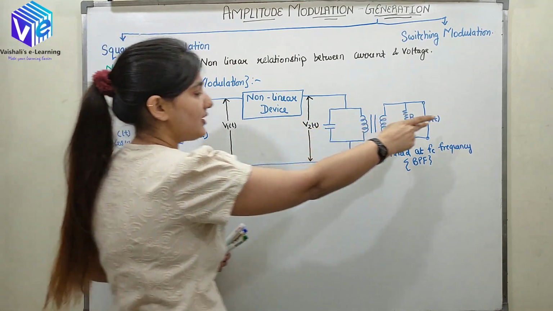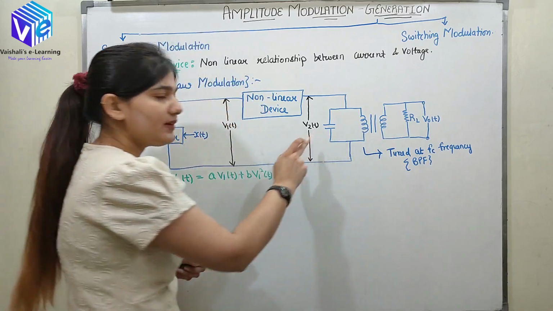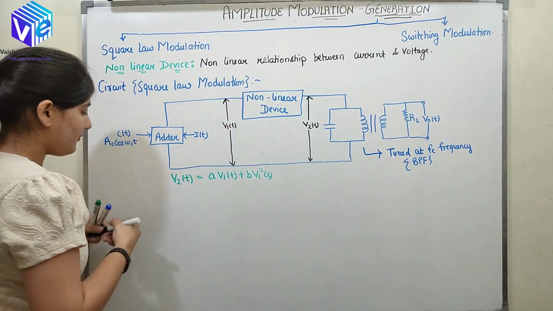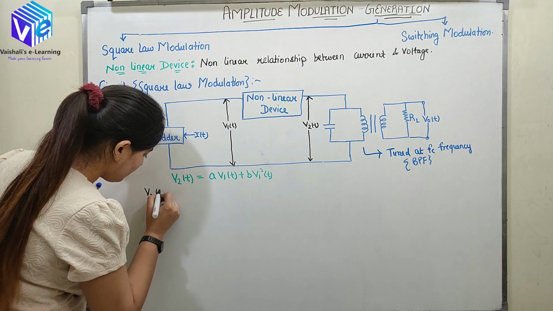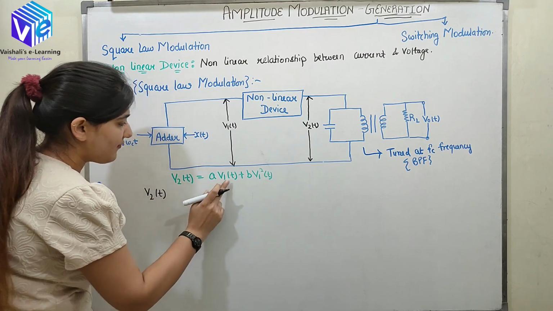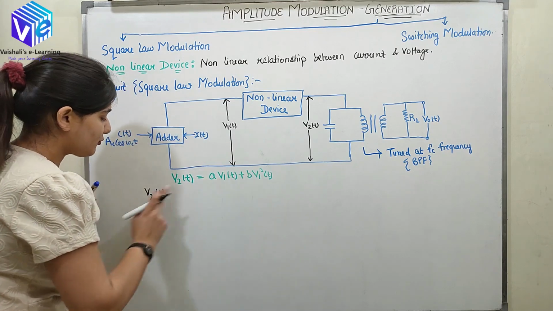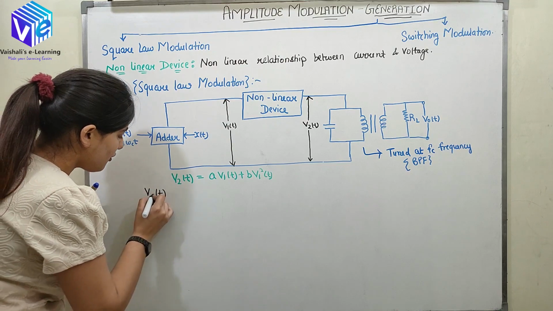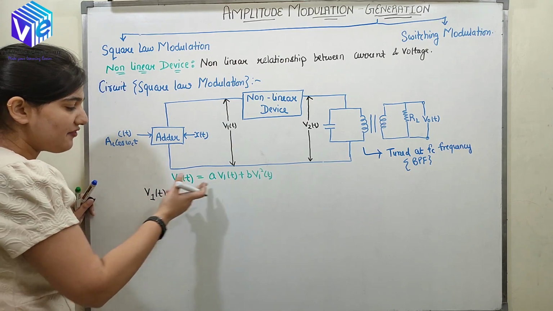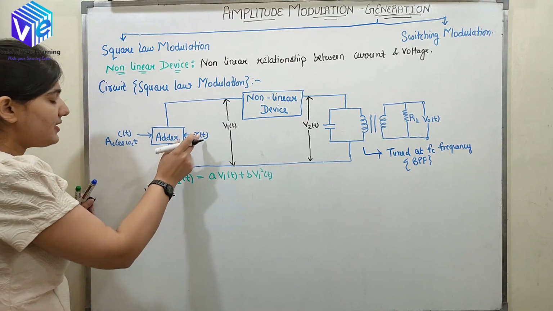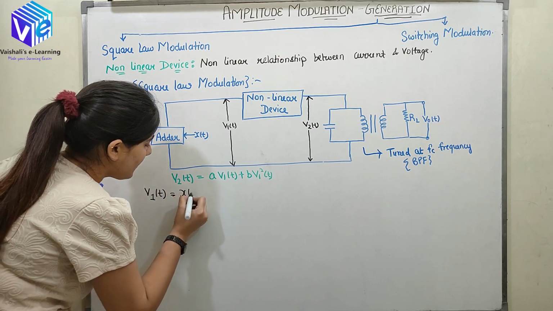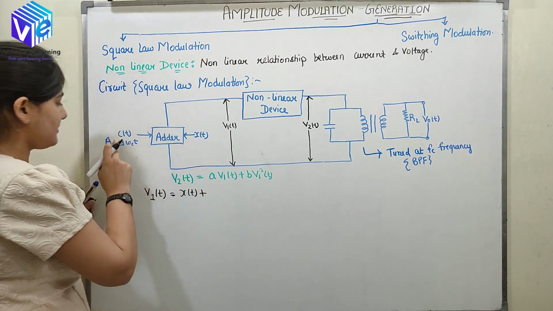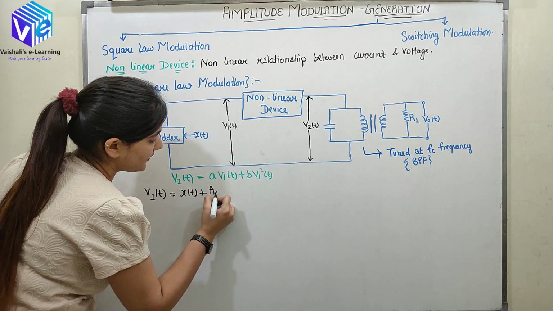The output voltage is dependent upon V2(t). V2(t) would be equal to a V1(t) plus b V1 square(t). So first I need to know what V1(t) is, then only I can find out V2(t). V1(t) is the summation of x(t) plus Ac cos omega_c t.